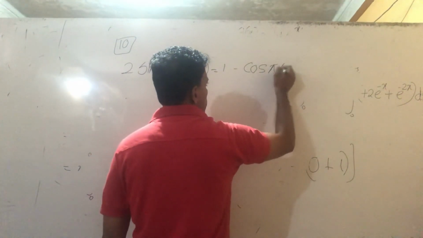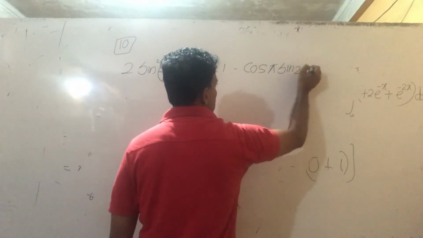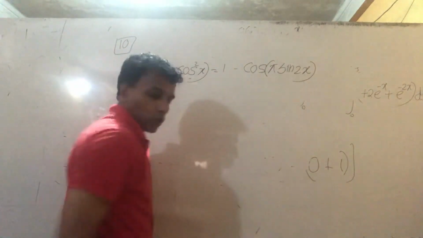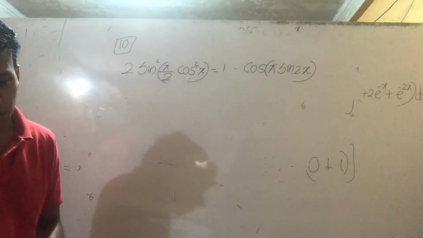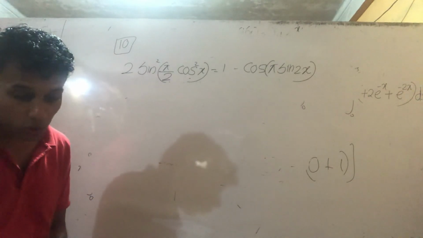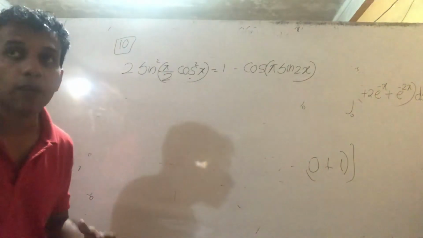A nice question for trigonometry in any exams. By solving this given equation, find the cos 2x, the cos 2θ pattern.